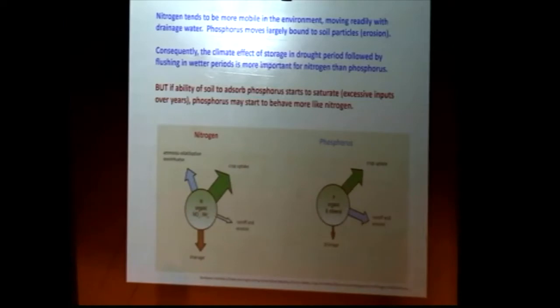I do want to say that it's possible, if you put too much phosphorus onto the landscape, you can add so much that the phosphorus is no longer completely sticking to the soil, and it will start to move in water-soluble forms as inorganic phosphate. If that happens, then phosphorus behaves less like this and more like nitrogen. So either way, we need to pay attention to best management practices which deal with nutrient flows in water and not simply an erosional aspect.